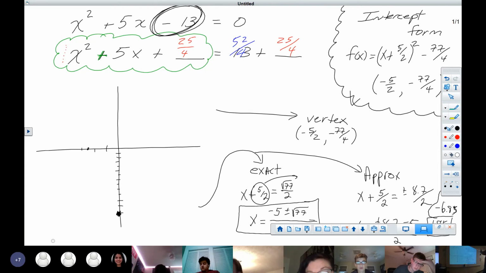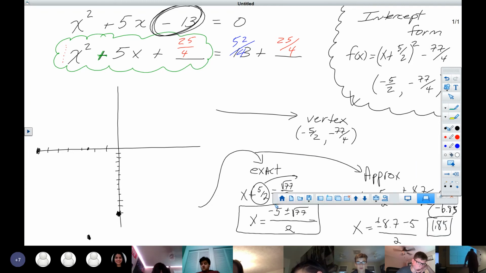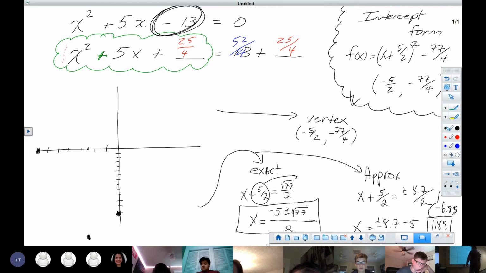And that'll leave 37, and 4 will go into 37 like 9 times, so that's -19 something. We got a y-intercept of -7. 1, 2, 3, 4, 5, 6, 7. And an x-intercept of 1.85 or close to 2.